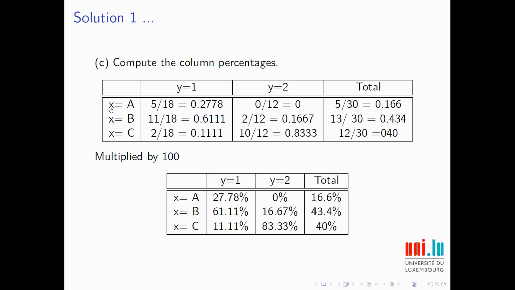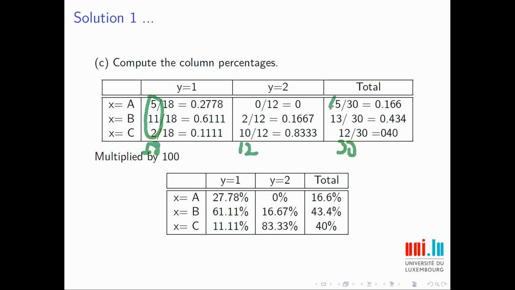For task number C, you had to compute column percentages. The same way you do this: you calculate the summing number of each column. You just sum each cell in a column, and you get the resulting numbers: 18, 12, 30.